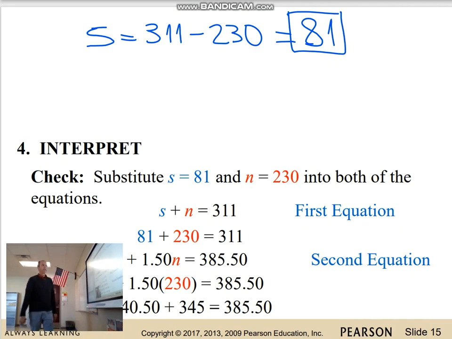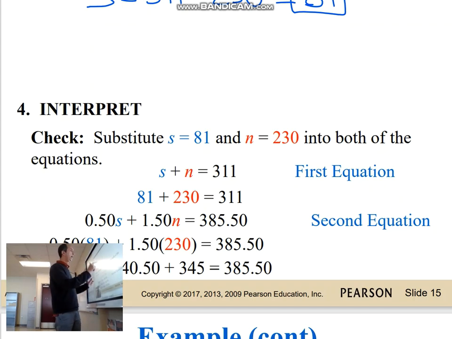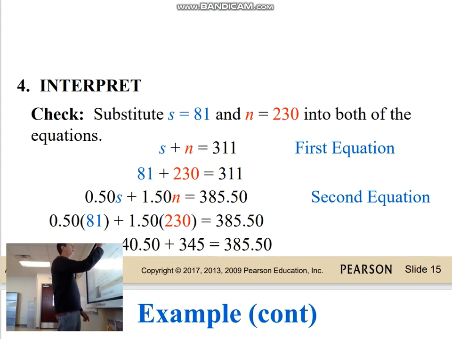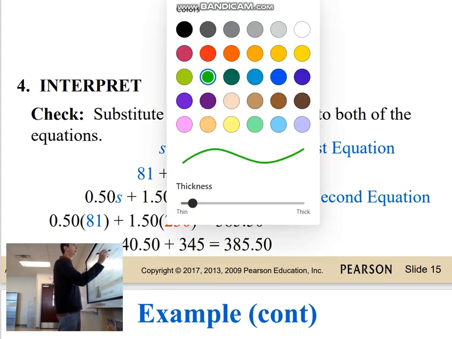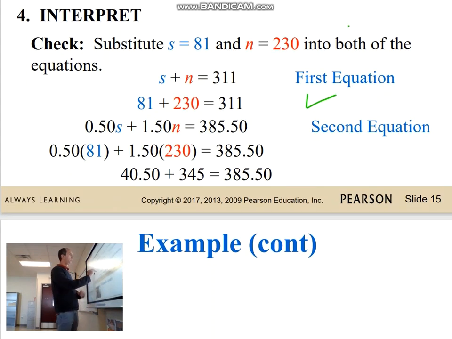Checking the answers. Substitute into each one of the equations, S equals 81, N equals 230, and try to understand if they are true. They produce true statements. Yes, on the first equation, it produces a true statement. Yes, on the second equation, it produces a true statement.